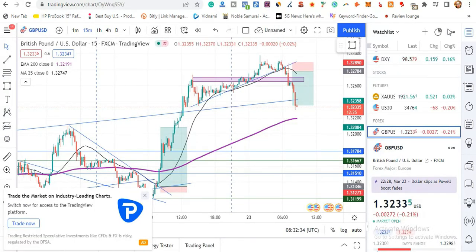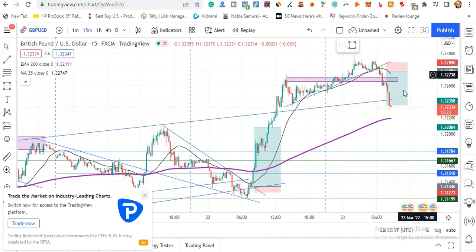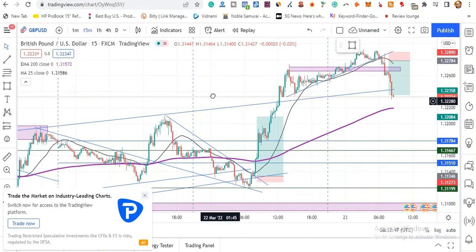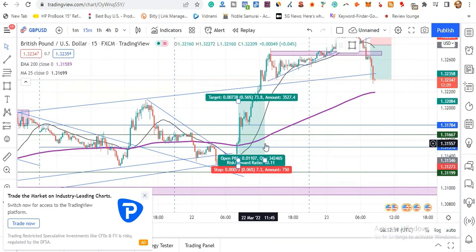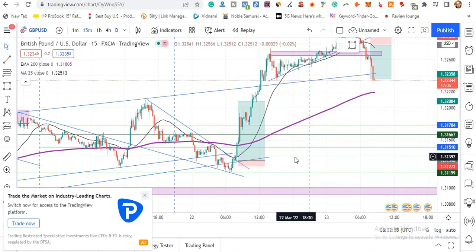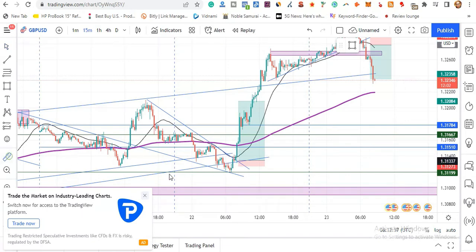Let me go to another trade that I took. This is GBP/USD. I still do the same pattern. This was yesterday. See my trend line, how accurate it is, and also see when I took the trade.